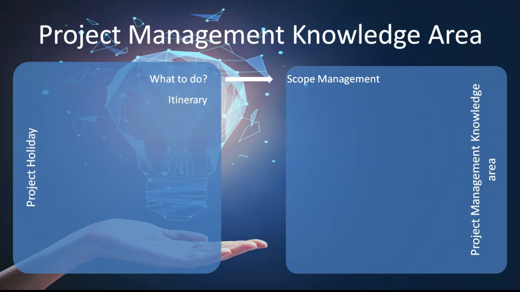Now once you have all the activities decided, then you start scheduling these activities, including how you are going to travel, where you are going to stay, what local transport you are going to take, and you fit these activities in the number of days available with you. You make an itinerary. You decide how much time an activity is going to take. Then you prioritize your activities. You check the dependencies of the activities.